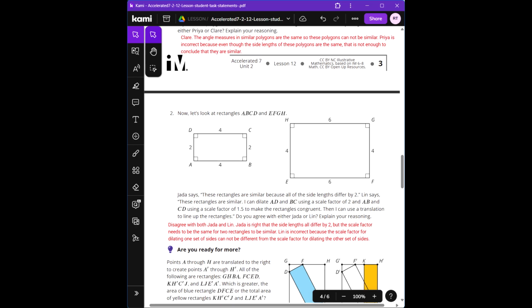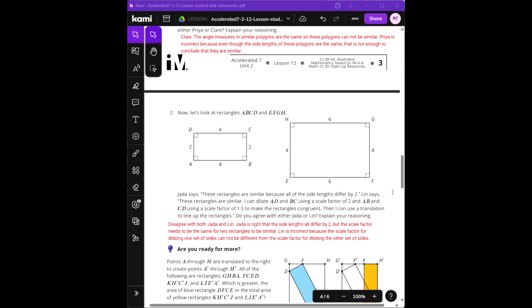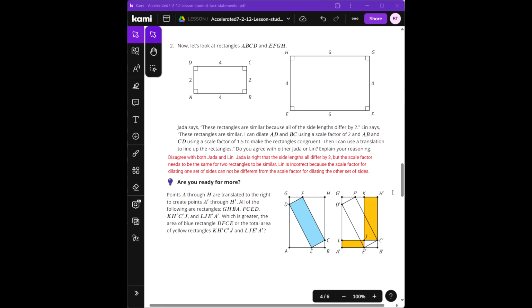Okay, for this one, we're going to disagree with both of them. Jada is right that the side lengths all differ by 2, but the scale factor needs to be the same for two rectangles to be similar. Lynn is incorrect because the scale factor for dilating one set of sides cannot be different from the scale factor for dilating the other sides. Just a couple more definitions of similar.